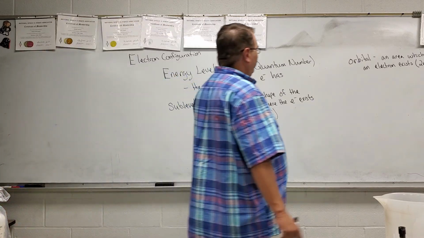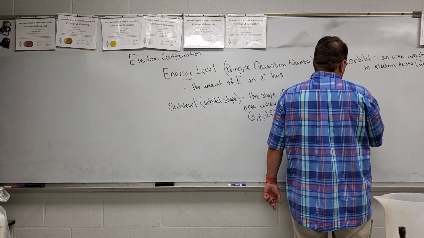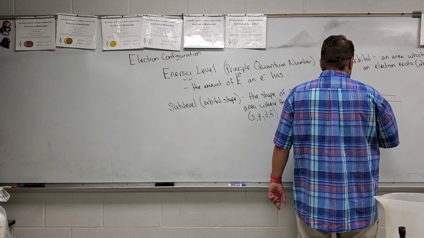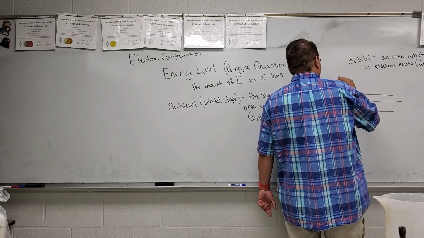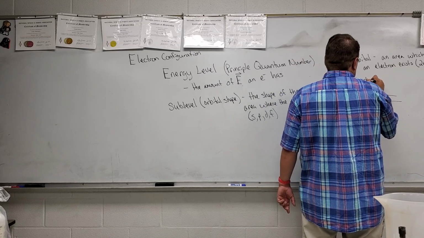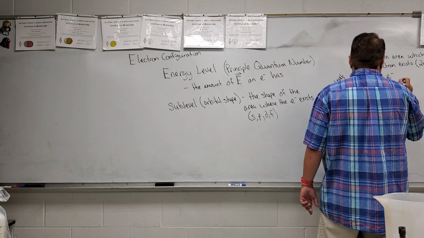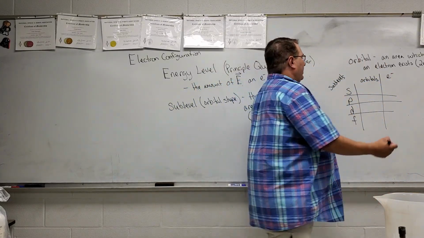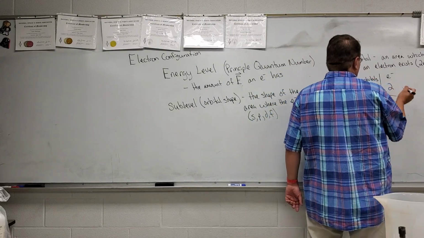The orbitals, like we said, have shapes, or sublevels. They're S, P, D, and F. S sublevels can only have 1 orbital, therefore they only have 2 electrons.